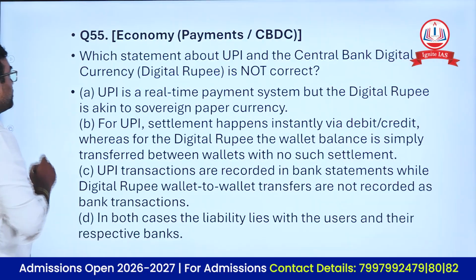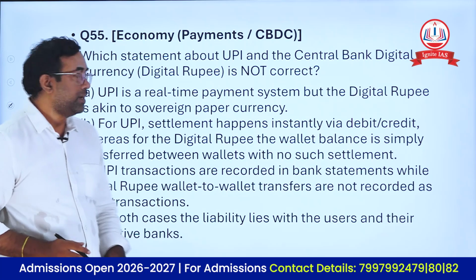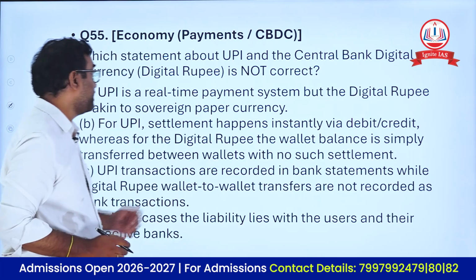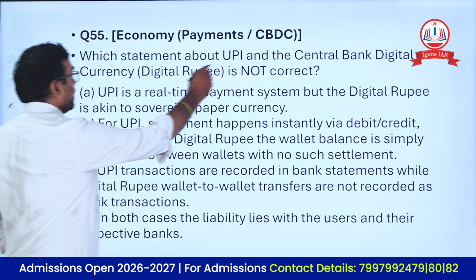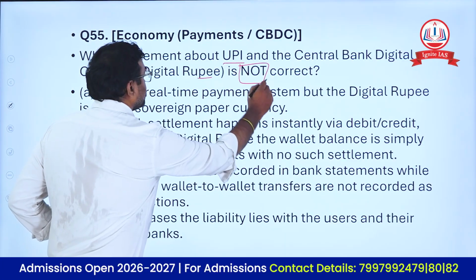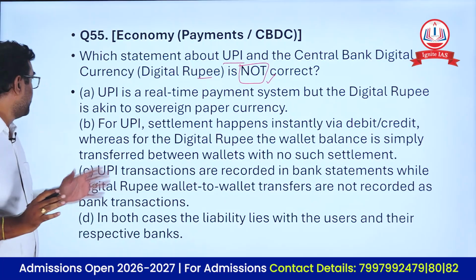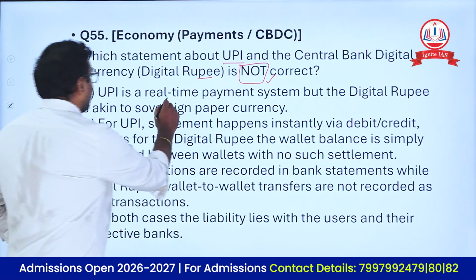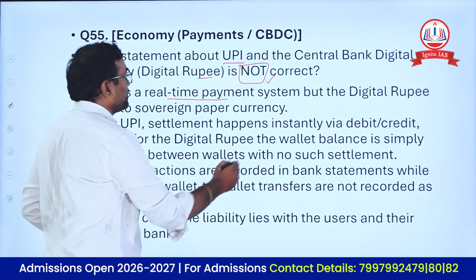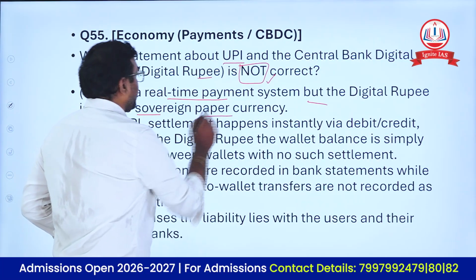Next question we will discuss. With respect to payments, that is UPI and CBDC, central bank digital currency. They are asking which of the following is not the correct statement. Option A says UPI is a real-time payment system, but digital rupee is akin to sovereign paper currency.